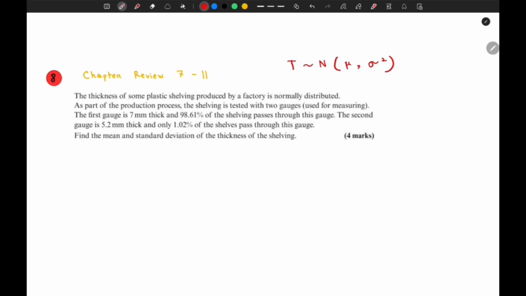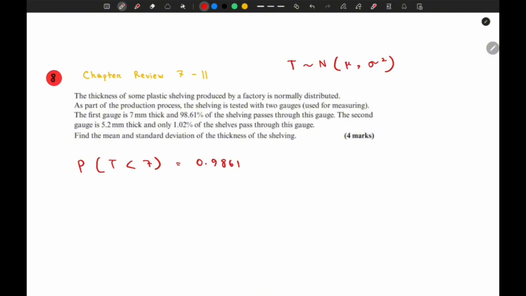So we can say that the probability for T to be less than 7 millimeters is 98.61%. Basically, your percentage is your probability. So this is equal to 0.9861. All right. The second gauge is 5.2 millimeters thick and only 1.02%.